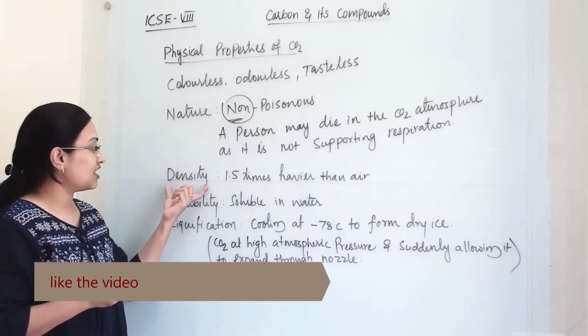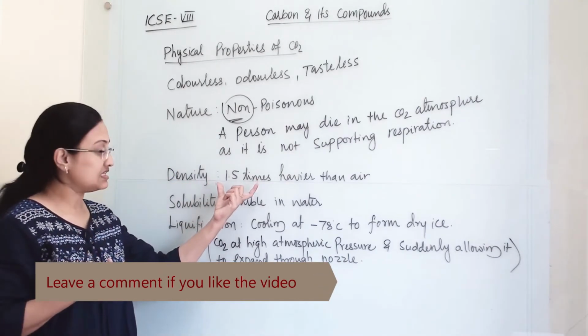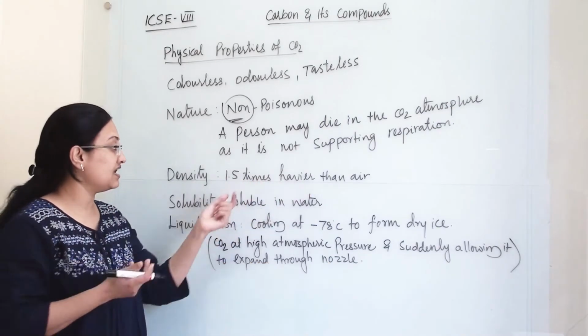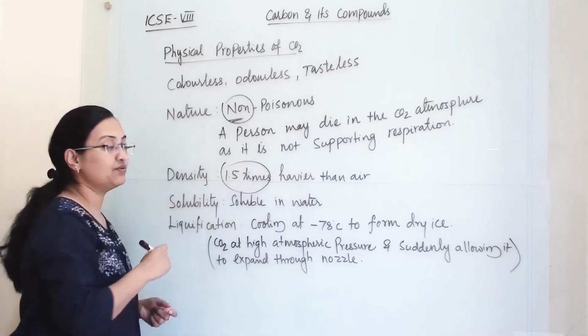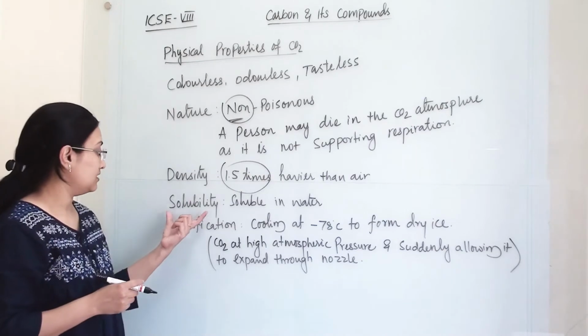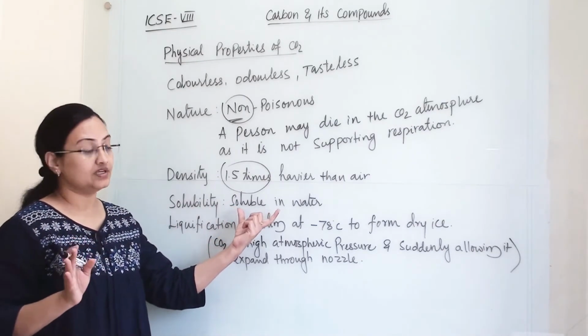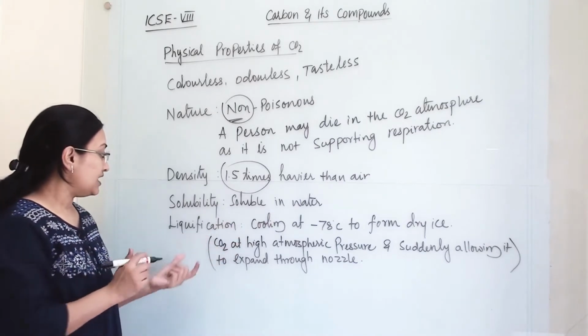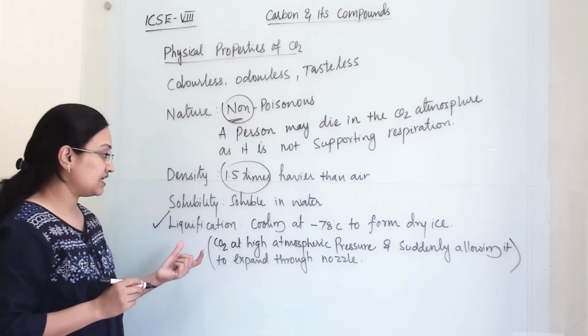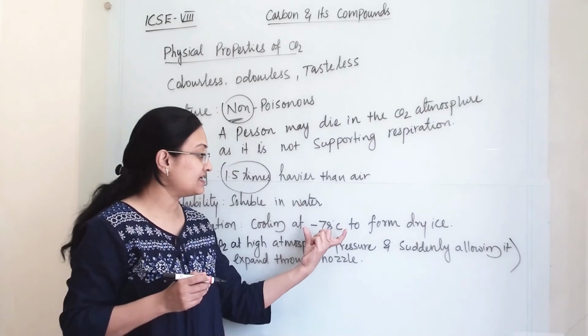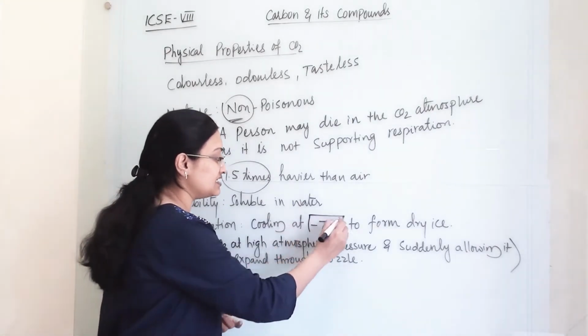Now, density of carbon dioxide: we have earlier seen that it is heavier than air, about 1.5 times heavier. About solubility, it is fairly soluble in water. We can liquefy carbon dioxide when we cool it to -78 degrees Celsius.